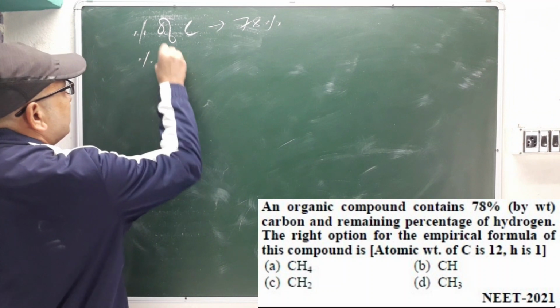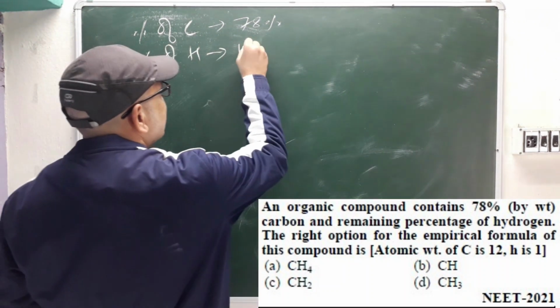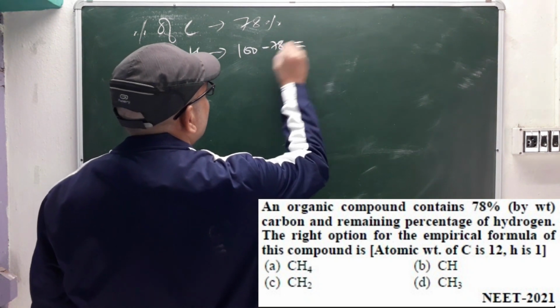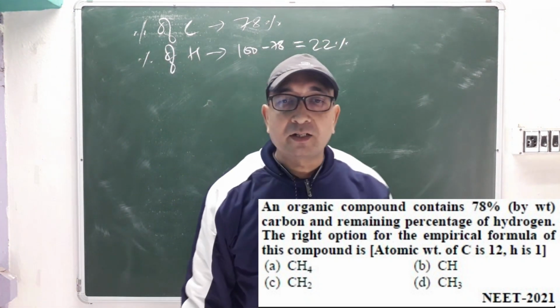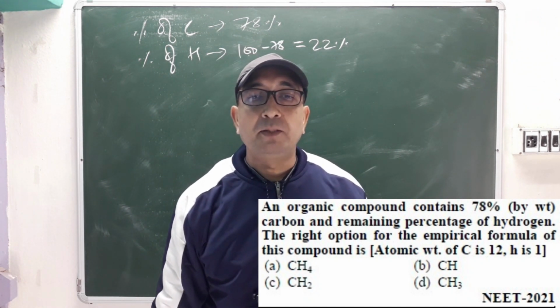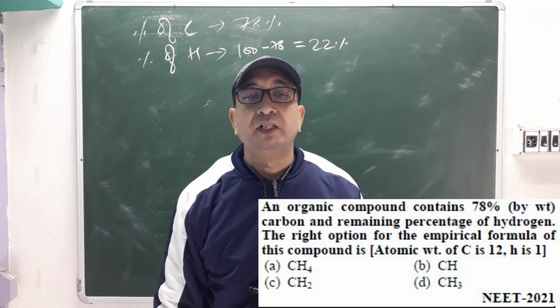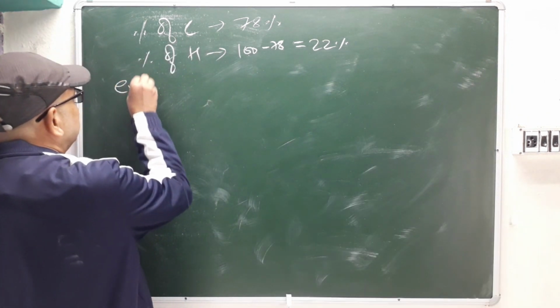And the percentage of hydrogen, they are telling us that the remaining percentage is hydrogen, right? So 100 minus 78, how much is it coming? 22% hydrogen it contains, right? The next line says, the right option for the empirical formula of this compound is. So they want the empirical formula, right? Only the empirical formula they want.